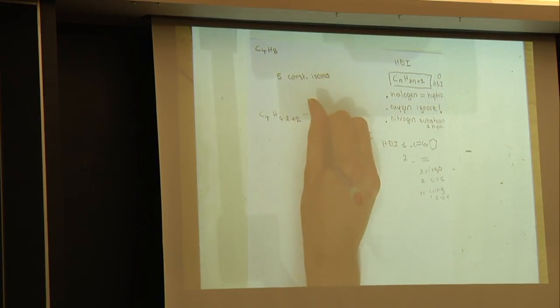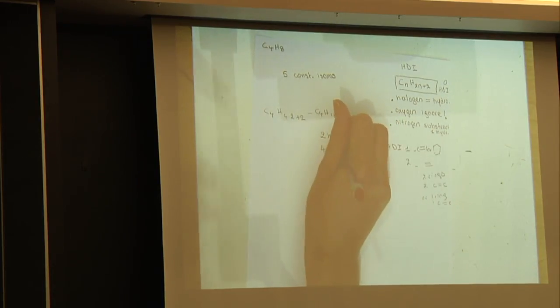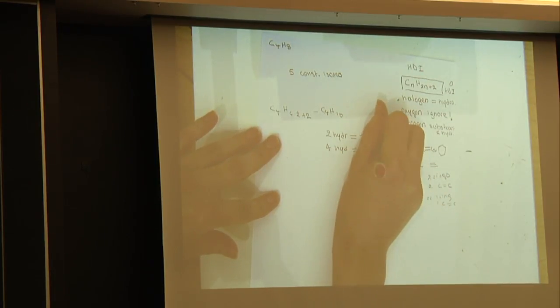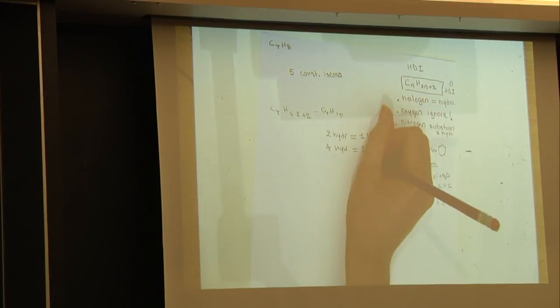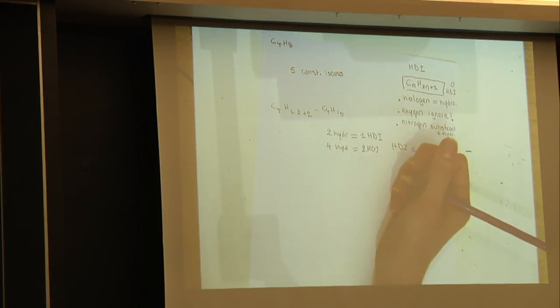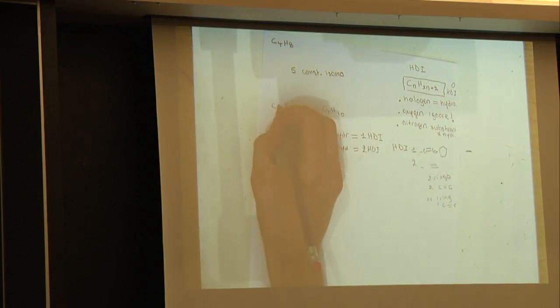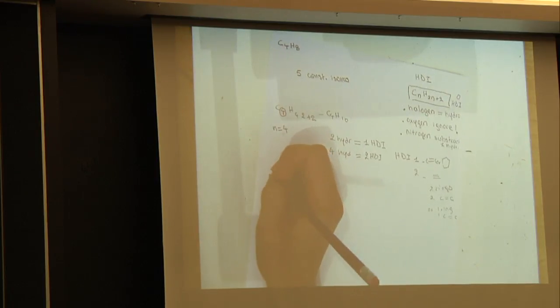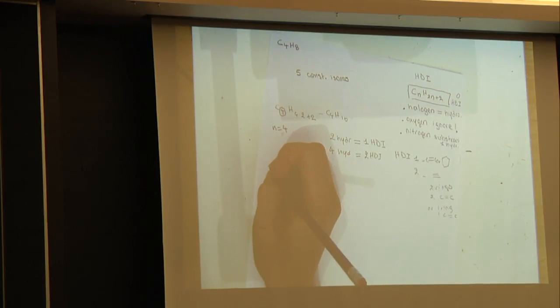So if I had 4 hydrogens missing, then I would have an HDI of 2, right? So our formula is C4H8, our N is 4, that we plug into the equation. N equals 4. Okay? Question?